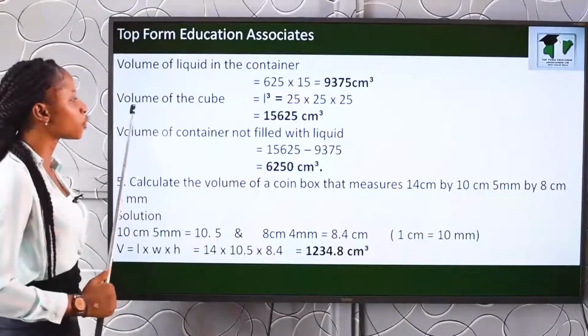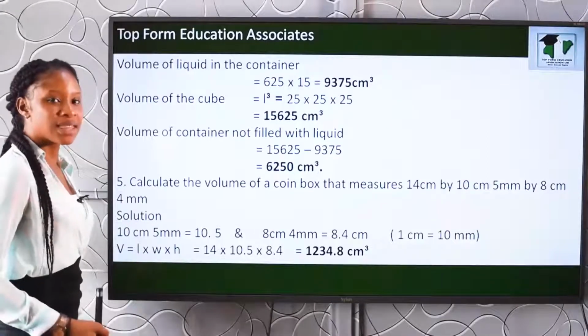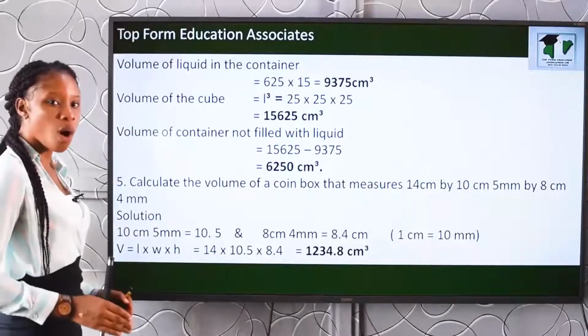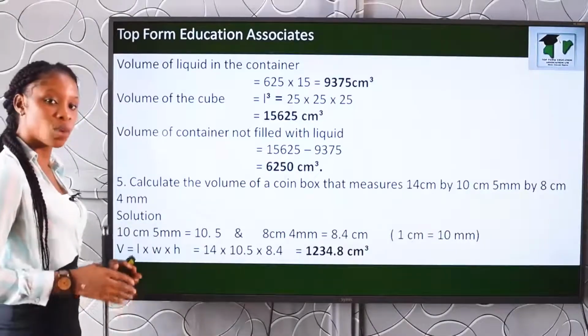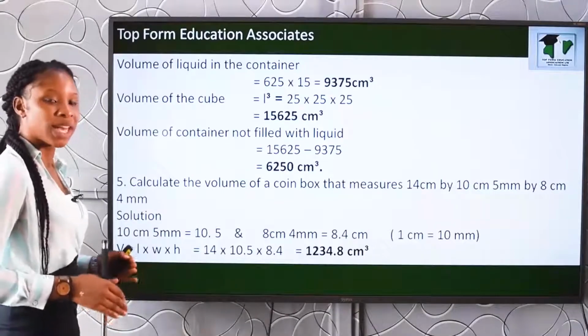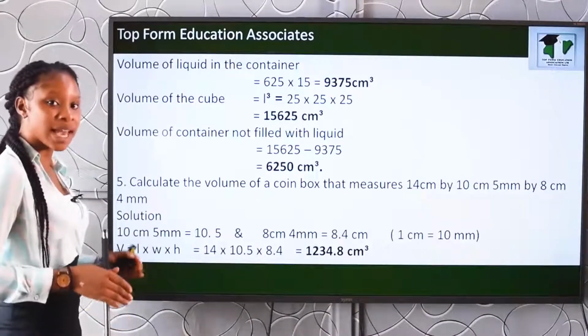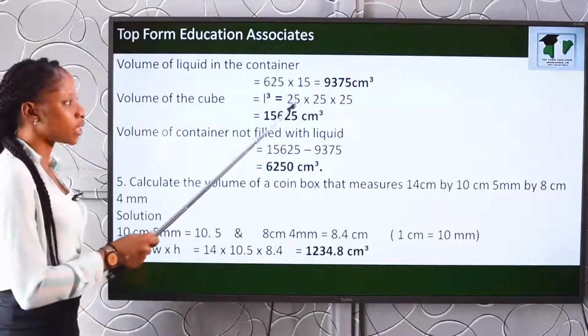Now, let's look for the volume of the cube. Remember, we've said that a cube has equal length. A cube always has equal length. So we said the formula for looking for the volume of a cube is L cubed, that is length raised to power 3. So the length is 25.